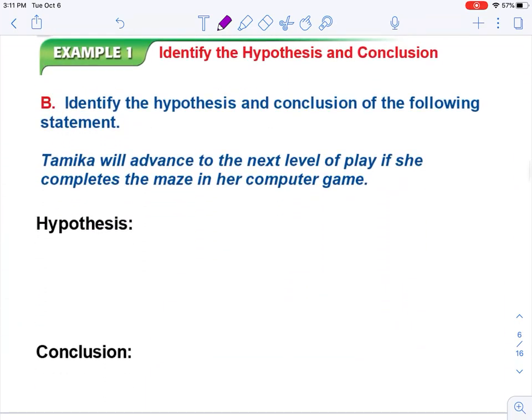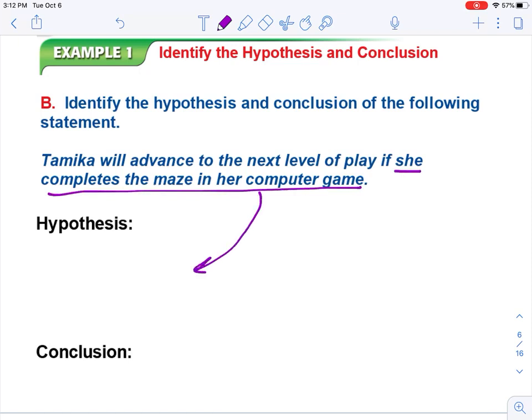Once again, we are going to identify the hypothesis and the conclusion. Now notice the if statement doesn't necessarily come first in our sentence, but it is still going to be our hypothesis. So this says Tamika will advance to the next level of play if she completes the maze in her computer game. So our hypothesis is she completes the maze in her computer game.